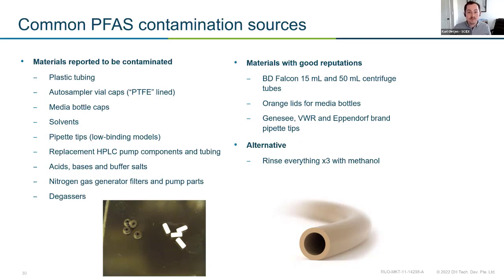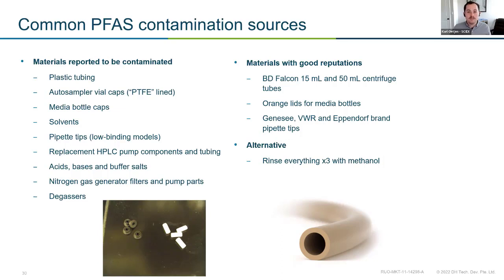So some of the things that we've personally found that work really well are the BD Falcon 15 mL and 50 mL tubes. So we've had really good luck with those. For pipette tips, Eppendorf and VWR are the two that we use in my lab, and we've had really great luck with.